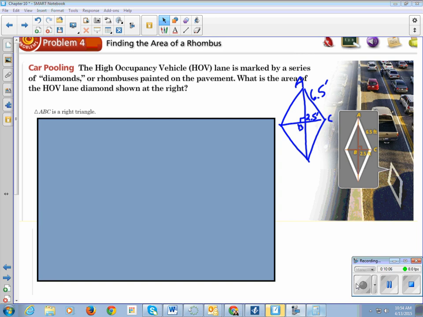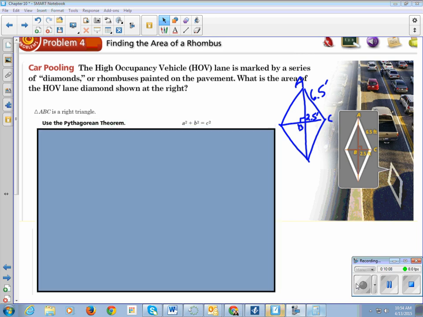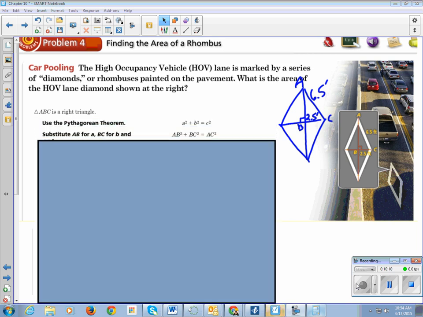Okay. So we need to use the Pythagorean theorem because we want to find our base. Hold on.